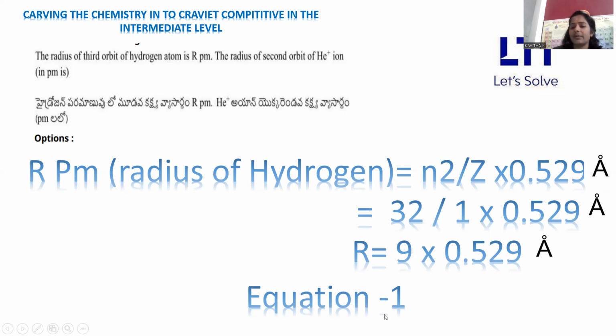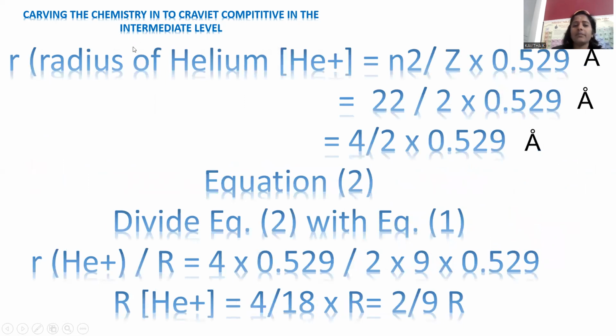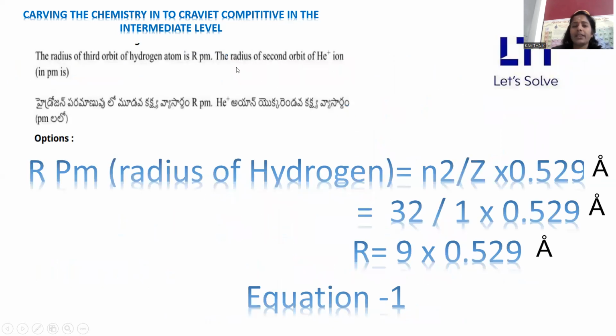This is equation number 1. This is regarding hydrogen. Now let's move on to helium plus. Its radius is calculated by the same formula, n squared by Z into 0.529 angstroms. And here you have to calculate the radius of the second orbit.